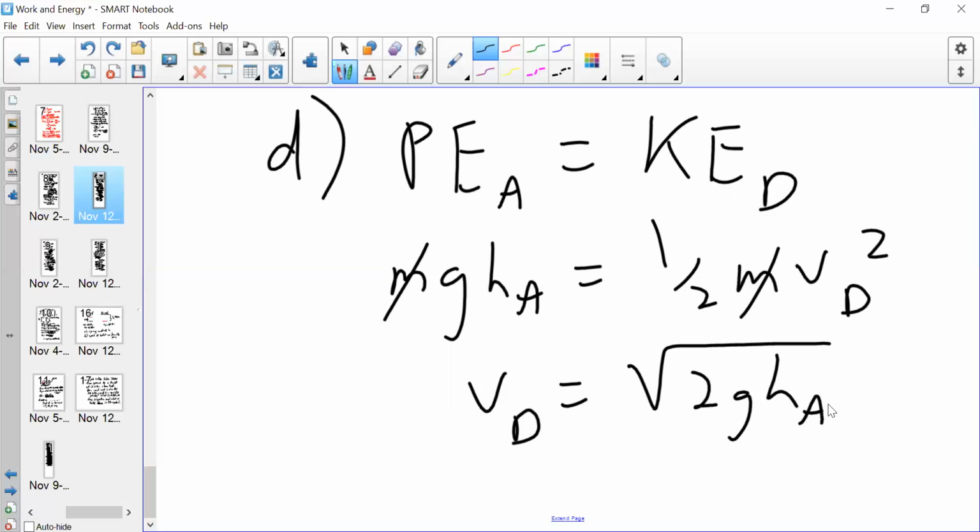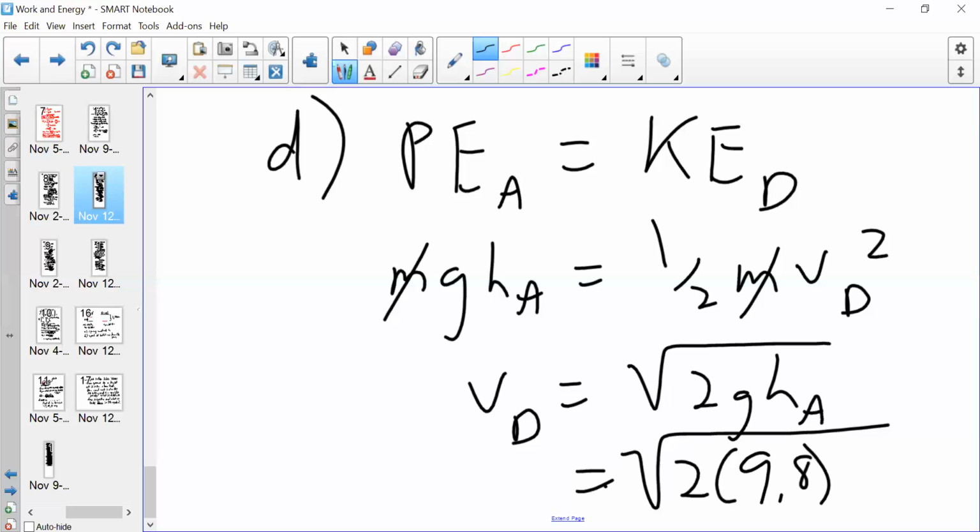It's beautiful how you use the energy equations and come back to the kinematics, because gravity is going to do the same stuff. So HA is 5.